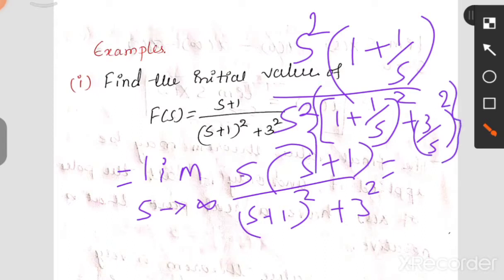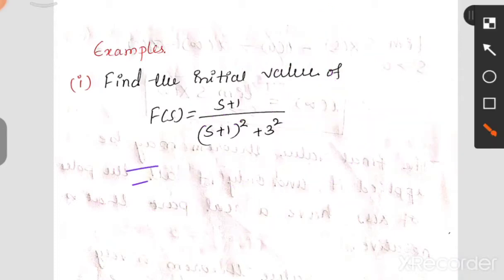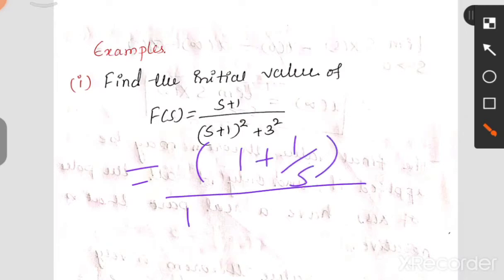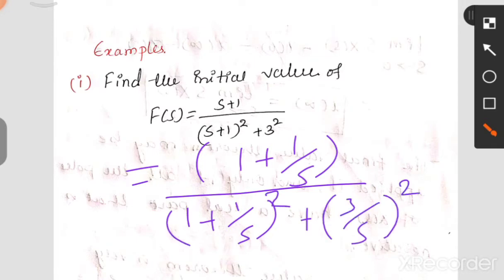Now we can substitute. This is equal to the limit of s tends to infinity. The s square gets cancelled, and only this remains: 1 plus 1 by s divided by 1 plus 1 by s whole square plus 3 by s whole square. Now you substitute s equal to infinity in all the factors.